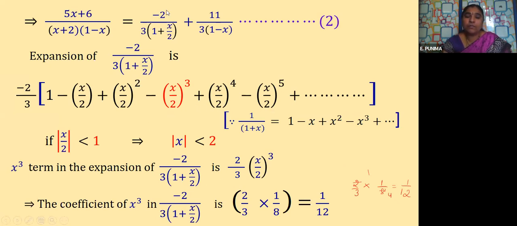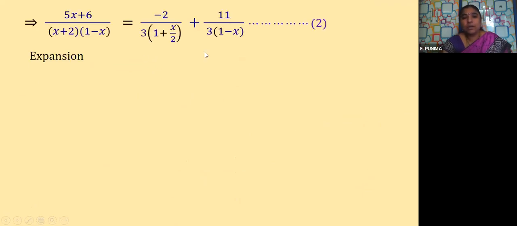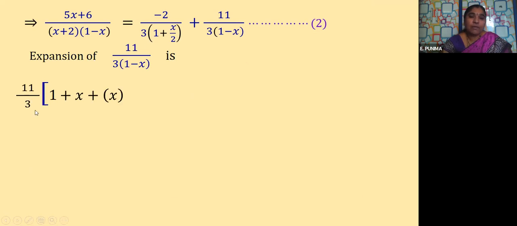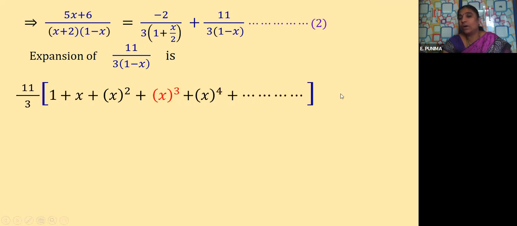Clear? So now we are done with the first term. Now we should do the same thing with the second partial fraction also. So this is our equation. Now the expansion of 11 by 3 into 1 minus x. So it is already there in that form only. In place of x, we have x only here. So no difficulty is there here. 11 by 3 into 1 plus x plus x square plus x cube plus x to the power of 4 plus so on.